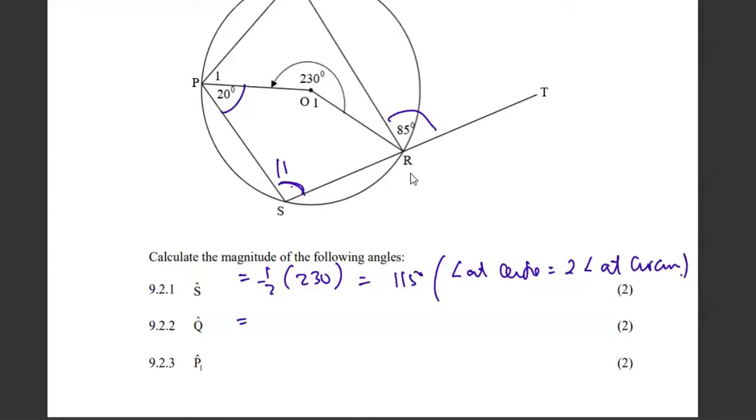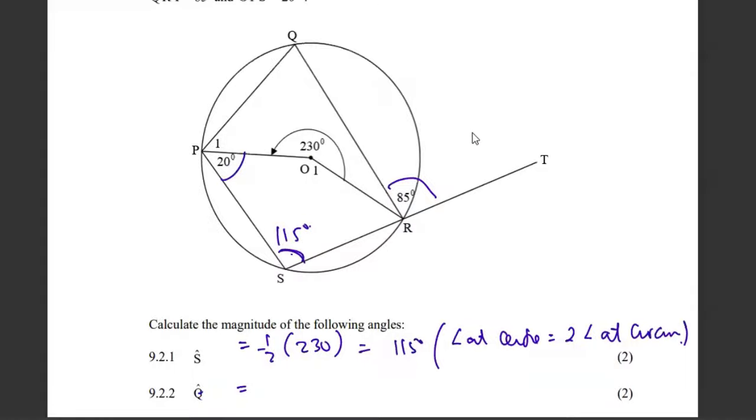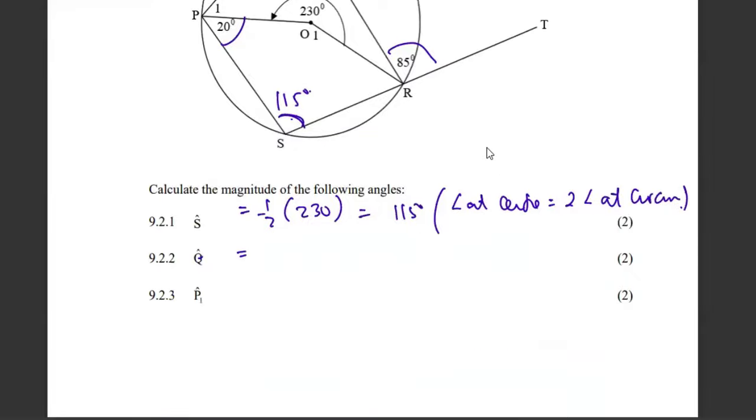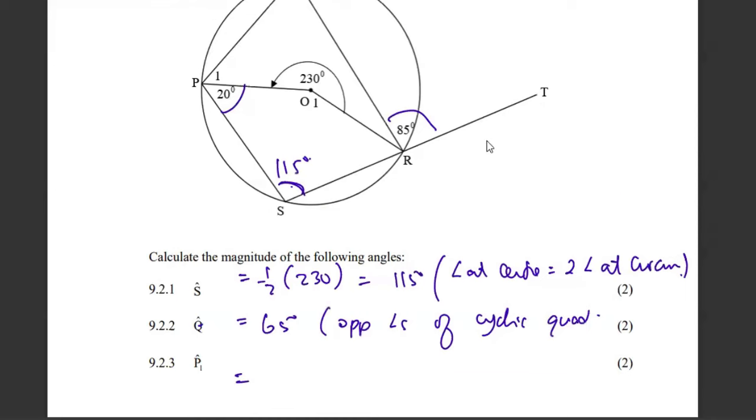And then they want us to get the size of Q. Okay, so if this is 115, this is Q. So Q must be 65 because those are the opposite angles of a cyclic quad. And then we need to find P1. So we know that the whole of this P should be equivalent to the whole of the 85 because of the exterior angle.